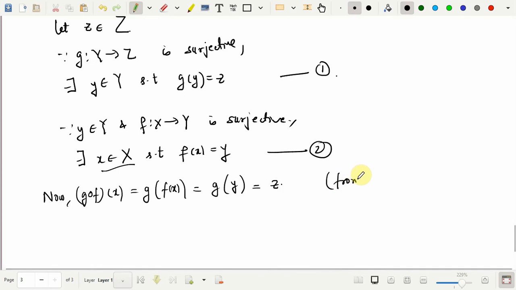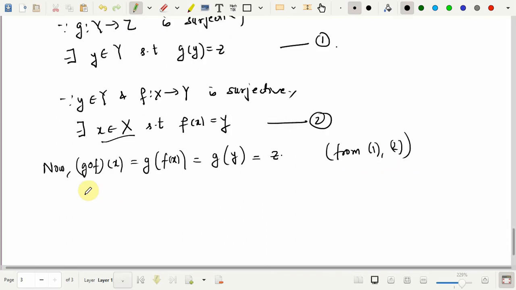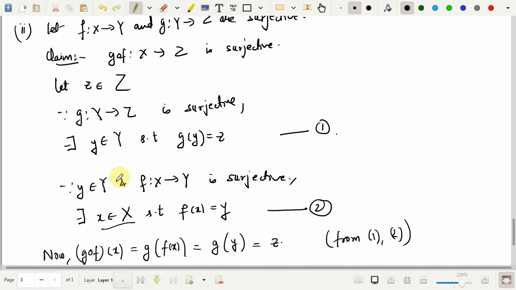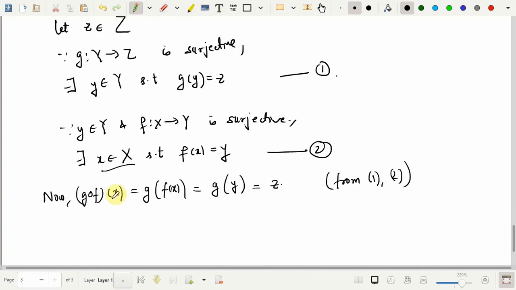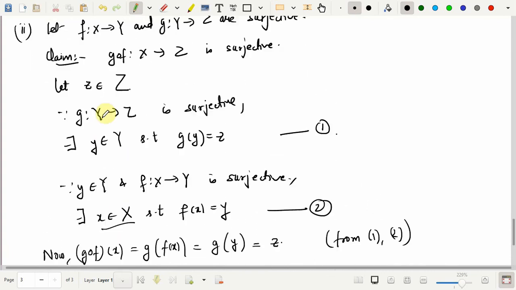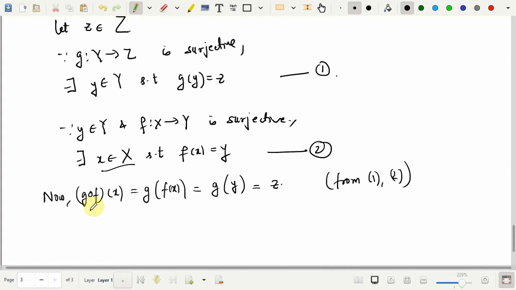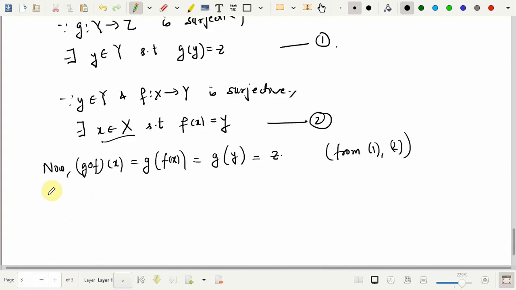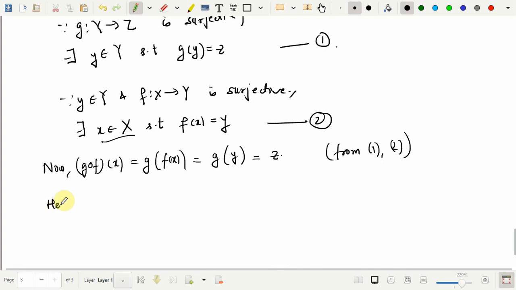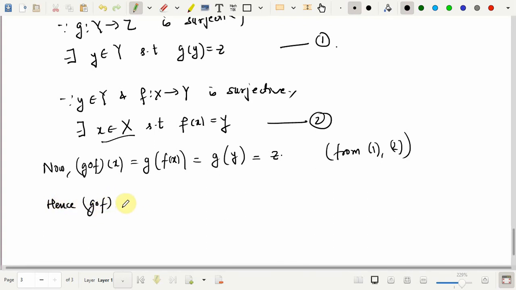Therefore we succeeded in producing a point in X for this z such that its image through g composite f is z. Now this z is any point in the codomain Z, and therefore for every point we have a pre-image through g composite f.